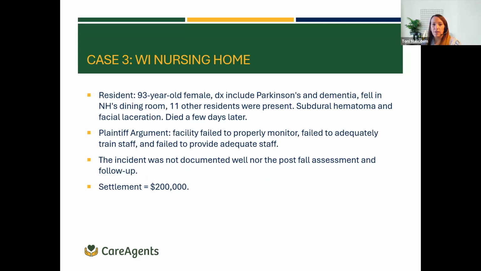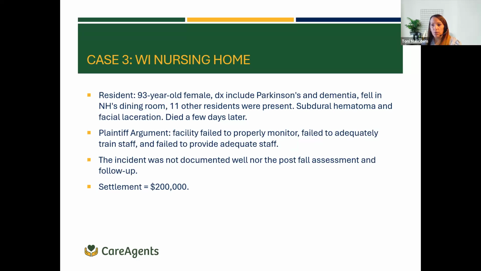This third case is a Wisconsin nursing home where a 93-year-old resident who had Parkinson's and dementia had a fall in the dining room. According to the information, there were 11 other residents present when she had a fall. She sustained a subdural hematoma and a facial laceration. She died a few days later.